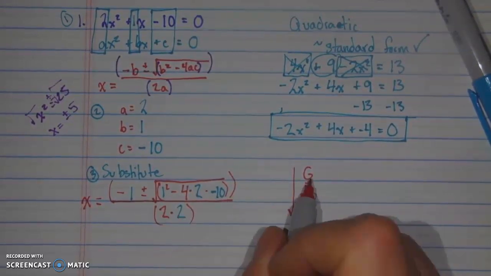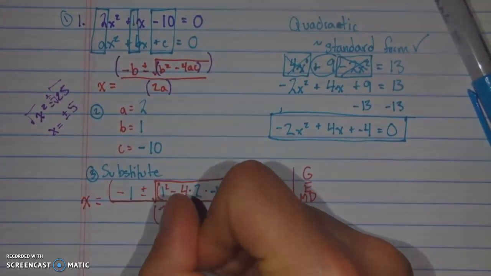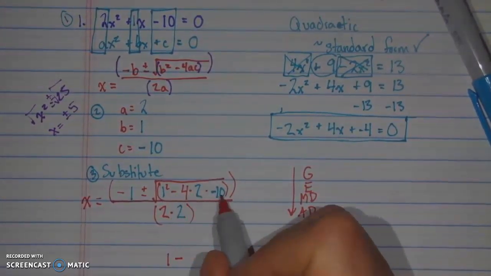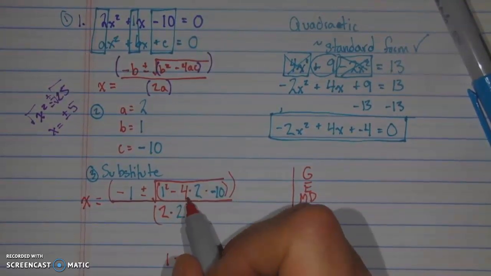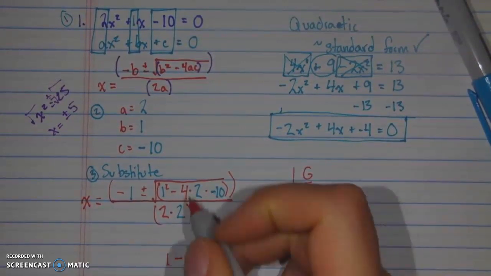And here I'm going to start by doing my exponents. 1 squared is just 1 minus. And here I've got multiplication, which will actually be my next step after exponents, right? Multiplication and division is next. So I'm going to subtract 4 times 2 times negative 10.